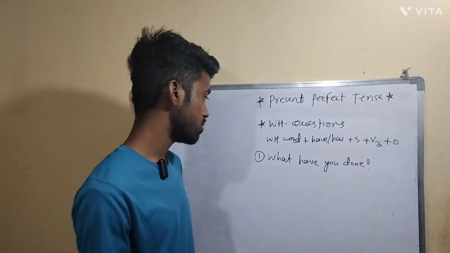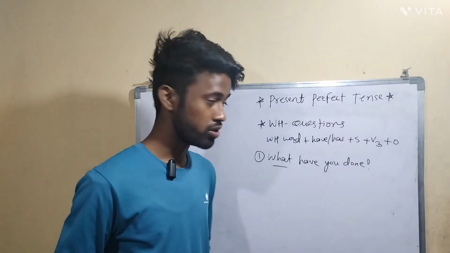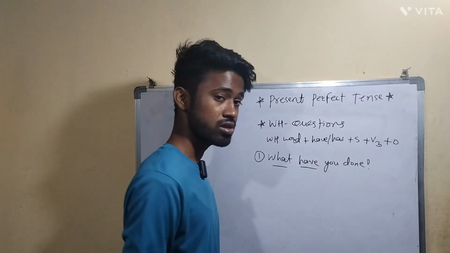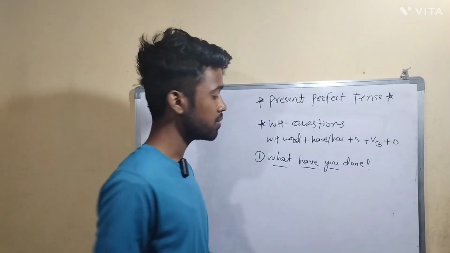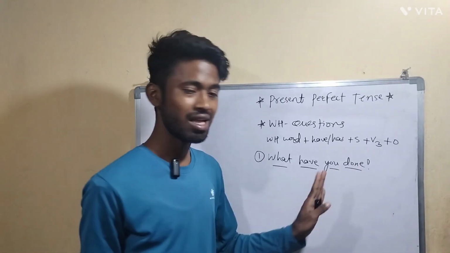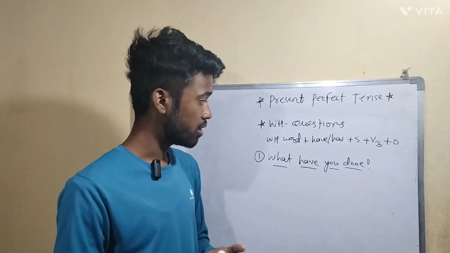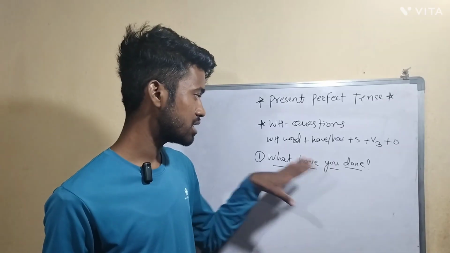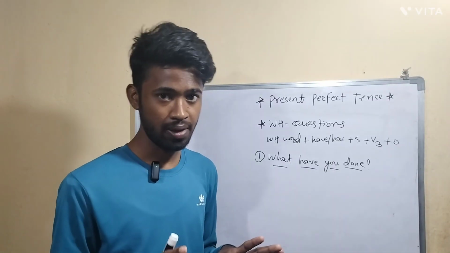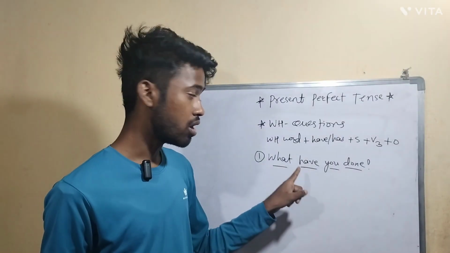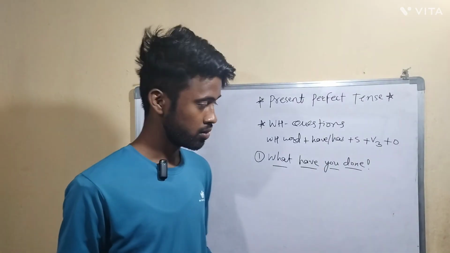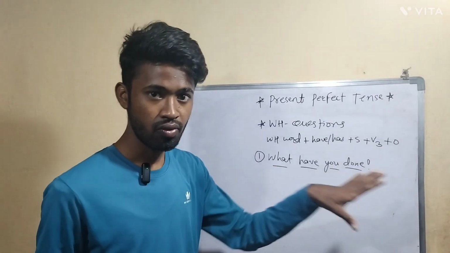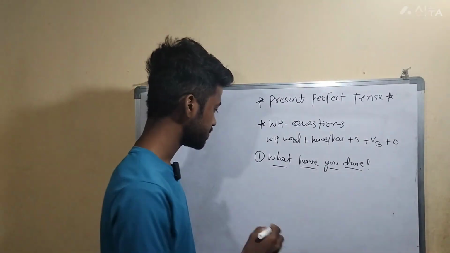This is the WH word, and this is the helping verb, because the subject is plural, and even when we are telling only a single person, you, it is still considered plural. So you have to always use have with you. Done means third form of verb. So what have you done?